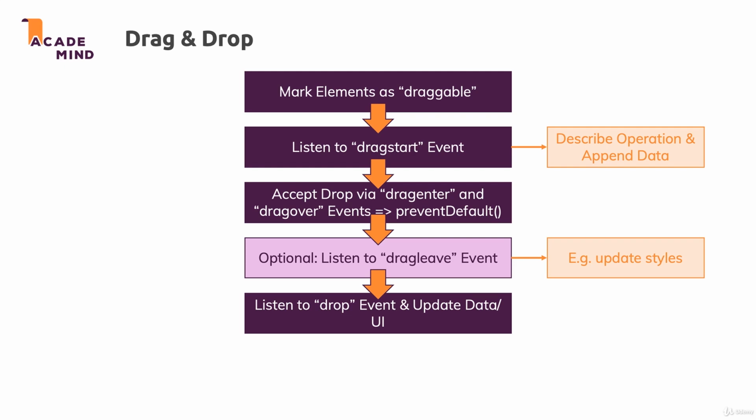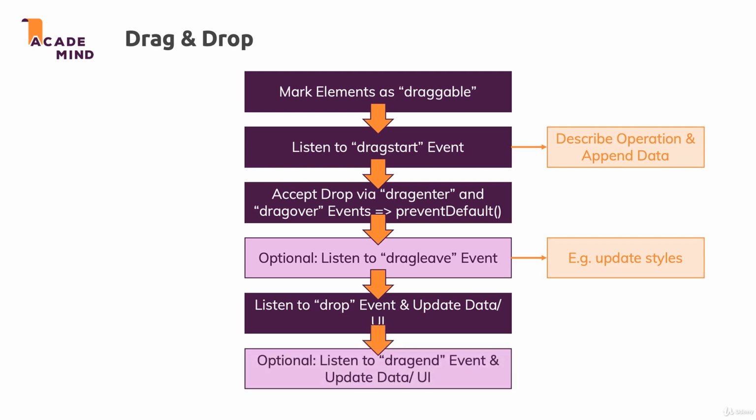Because that's also important. When you make an element draggable, you'll get some visual feedback that looks like the user is really dragging the element, but it's actually not getting moved in the DOM technically. You have to do that programmatically through JavaScript if you want to update the DOM after performing such a drag and drop operation.